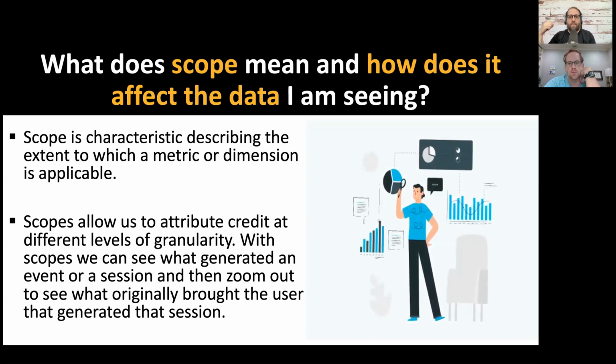So the example that Bill and I were talking about, and this will become more clear as we go through the deck, is imagine that there is a person who really likes going to the Natural Science Museum. And they bought a membership and they go to the museum throughout the whole year. So there was something that caused that person to get a membership and to visit the museum throughout the whole year.